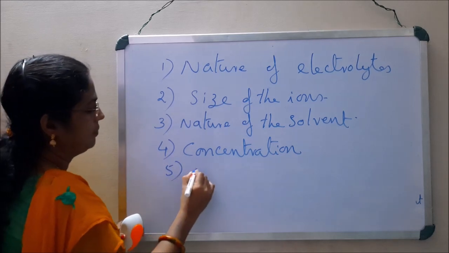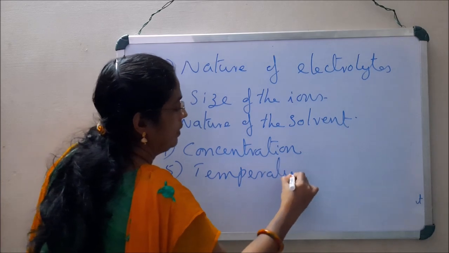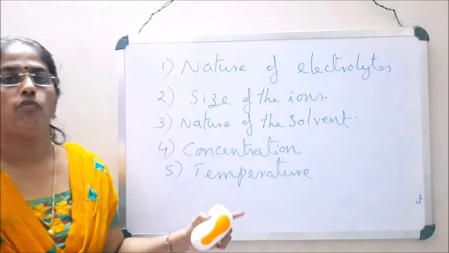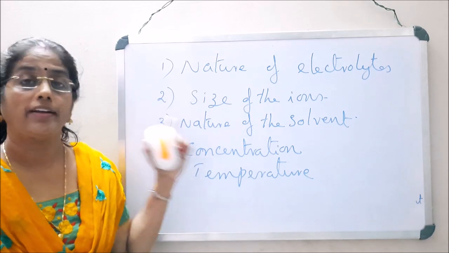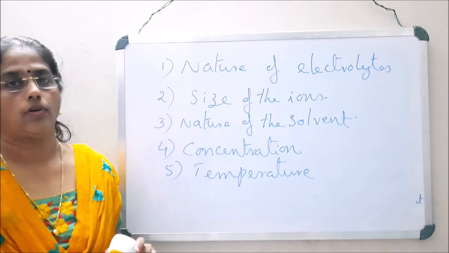Then fifth point is temperature of the electrolyte solution. Okay, these are the main 5 points, that is, 5 factors that affect the conductance of the electrolyte.